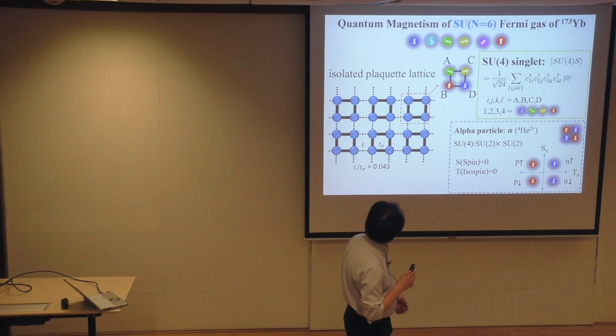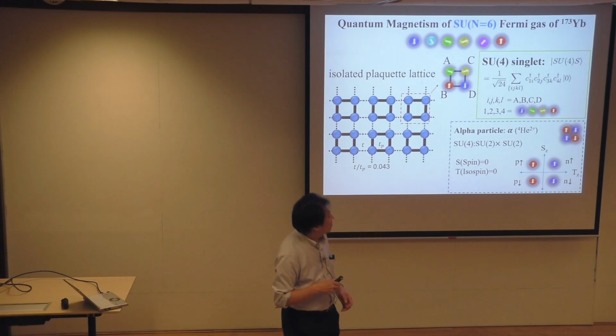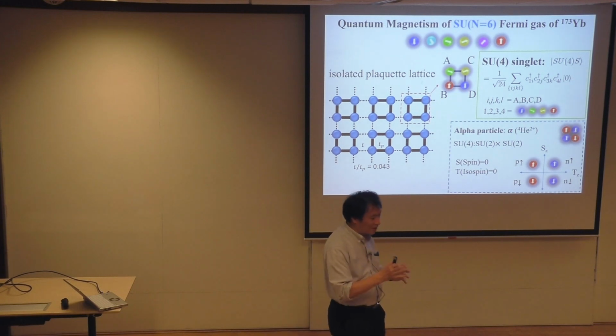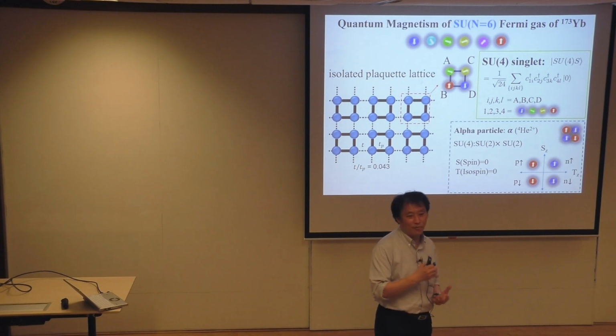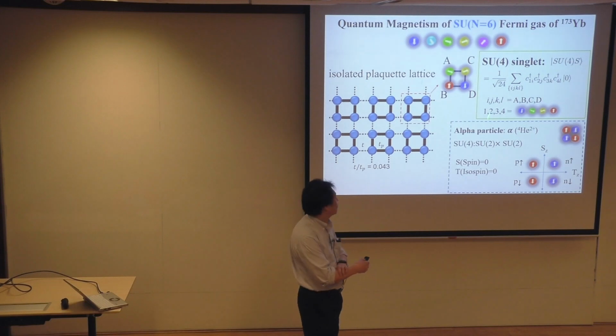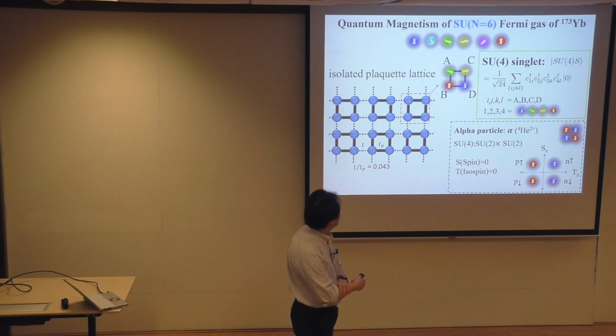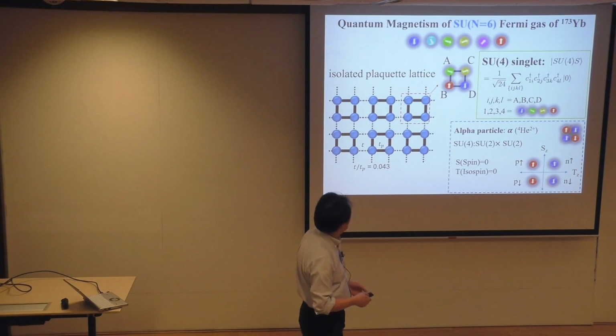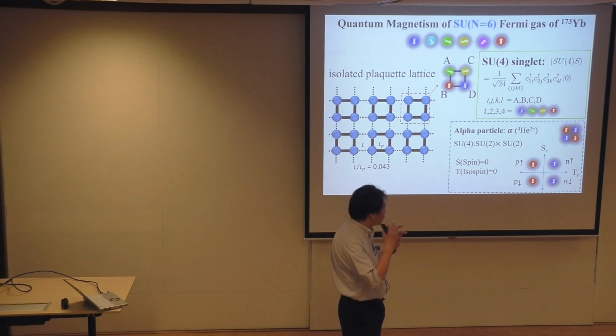And finally, I would like to make an interesting analogy with the SU(4) singlet state. The SU(4) singlet state itself is already realized in nuclear physics. It is an alpha particle, which is the nucleus of the helium-4 atom. It consists of 2 protons and 2 neutrons. Protons and neutrons have a nuclear spin 1/2, so they have spin up and spin down.